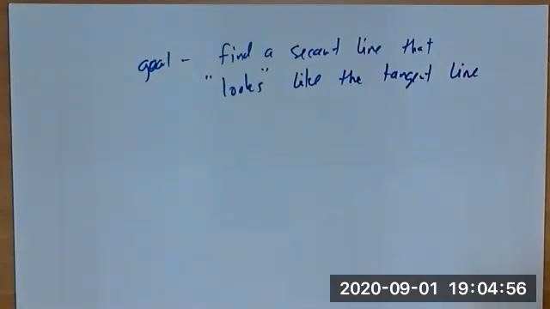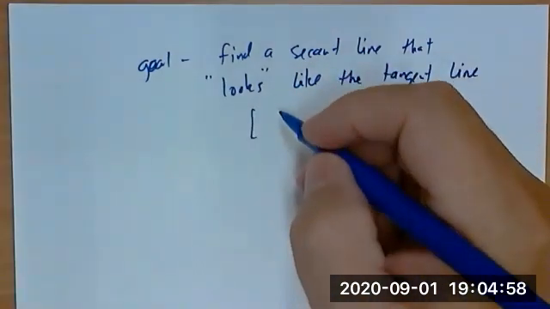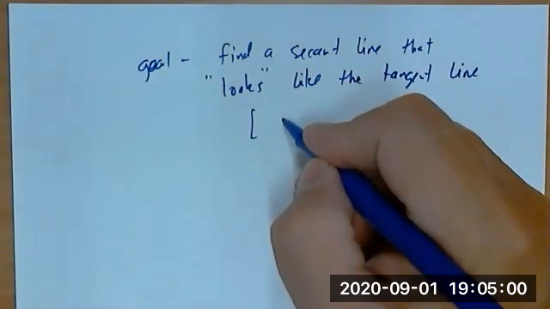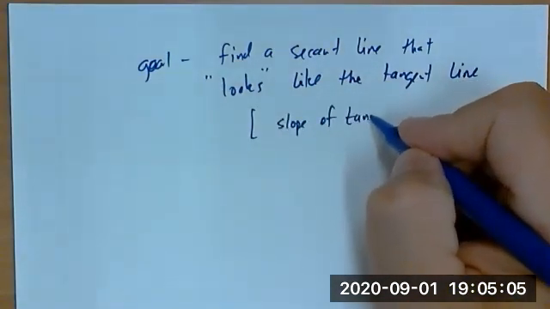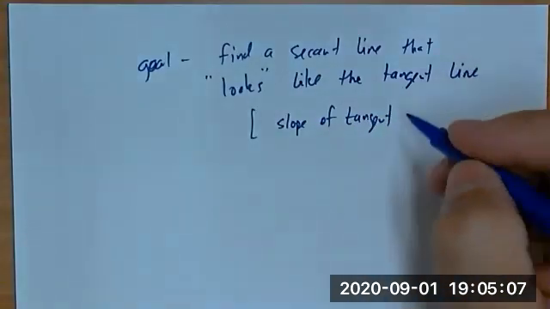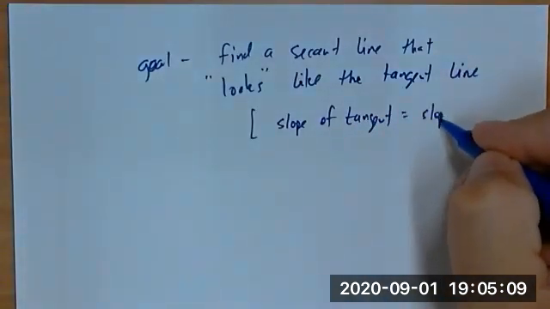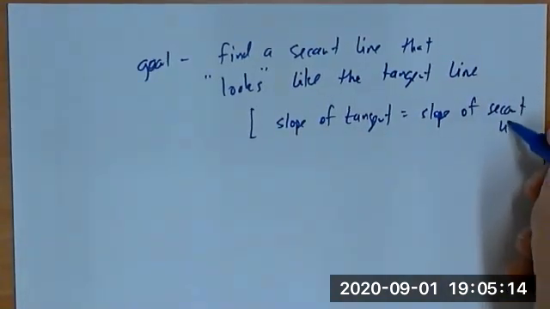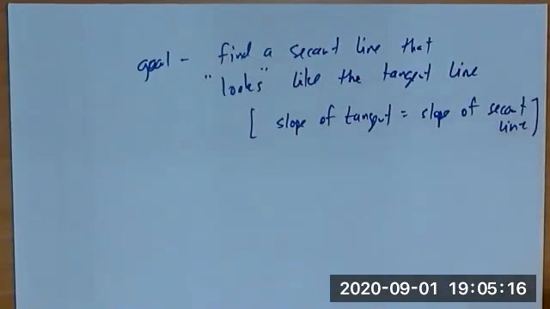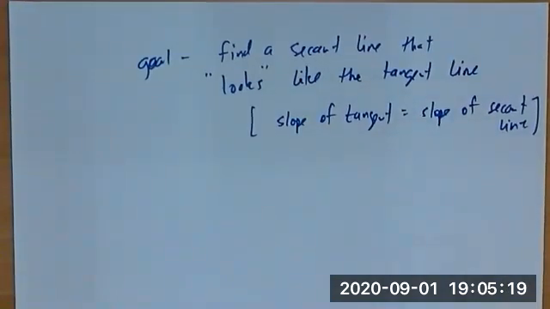And the reason we do that is because that means the slope of the tangent line, which is what we're trying to figure out, would equal the slope of the secant line, right? If you have two lines that are almost identical, that means the slopes are the same. So this is another way of saying, hey, I found a secant line that almost has the same slope as my tangent line.